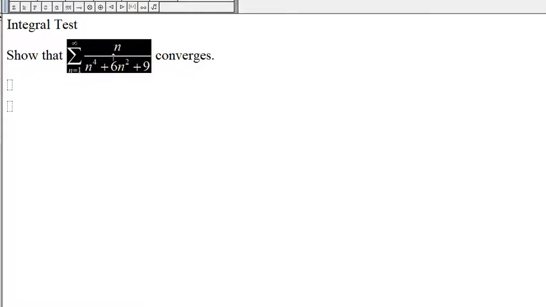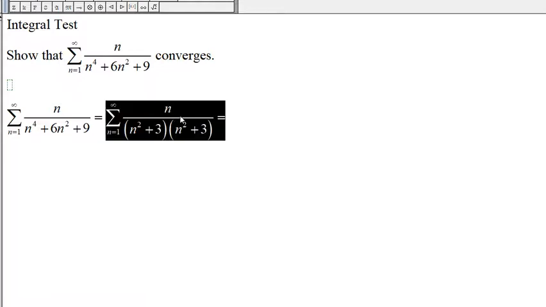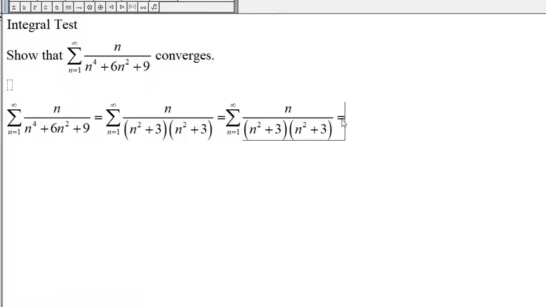So first we can factor the bottom here. The factors are n squared plus 3, n squared plus 3, and then we can write this as n squared plus 3 squared.